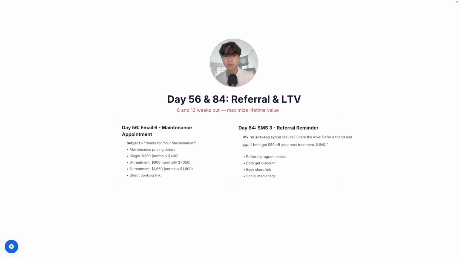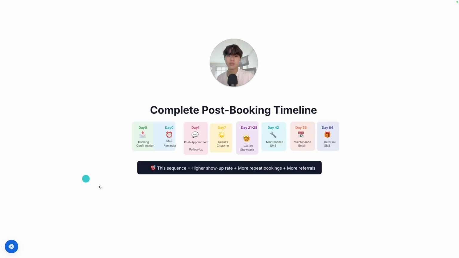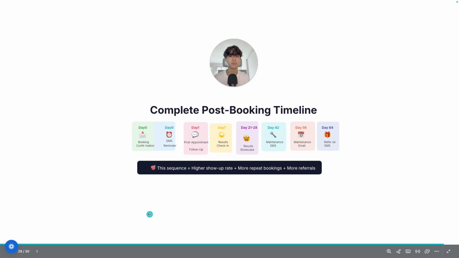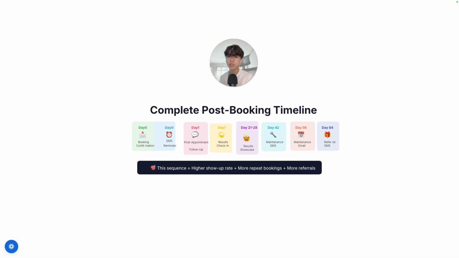Okay, alright, so this is the complete post booking timeline. On day 0, you send them a confirmation right away, and on day 0 again, about 2 hours before the actual appointment, send them a reminder that they have a booking and this is where it is, and if you want to opt out, say stop. Okay, and after the appointment, day 1, give them some post-appointment follow-up. Day 7, check in on the results. Day 21 to 28, the results showcase.